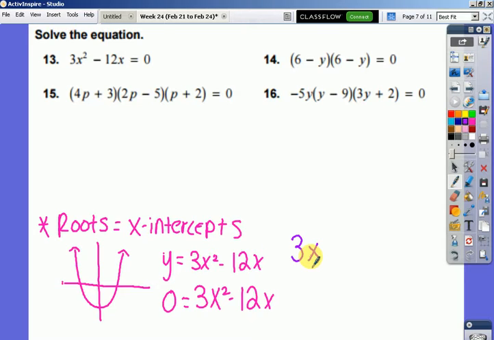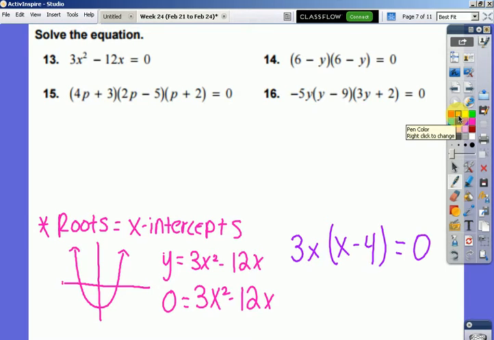Well, the first one has an x squared, but the second one just has an x. So at most I can pull out just an x. So take out an x, take out a 3, what am I left with in the parentheses? x minus 4. Remember, it's reverse distribution, or reverse FOILing in this case.